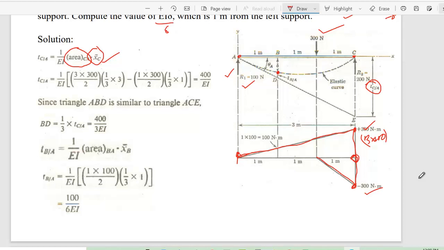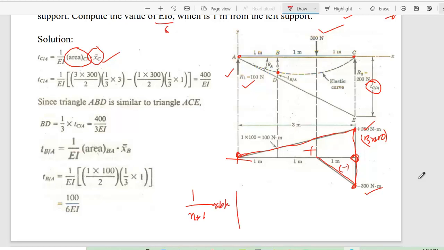So since it is above the neutral axis, it is plus moment. This is below the neutral axis, should be negative moment. So area should be plus and minus, similar way. So now we look at 300. You remember the formula for area, 1 by n plus 1 into BH, right?